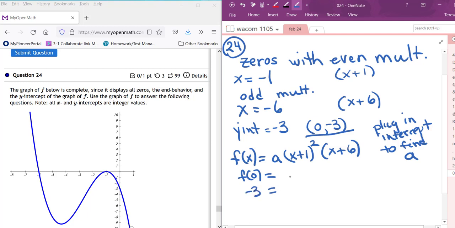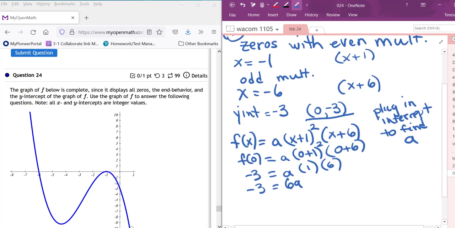Negative 3 will equal, and in all of these we have to plug 0 in for the x. So this gives us 1 squared, which is 1, and 6. So we have negative 3 equals 1 times 6 is 6, times a is 6a. And you have one more step. You have to solve for a, so you're going to divide by 6. A equals, reduced, negative 1/2.